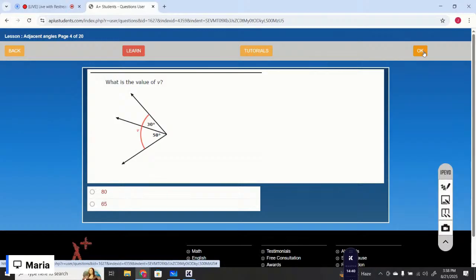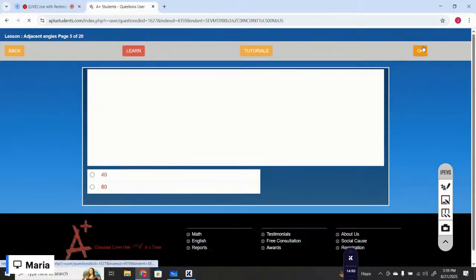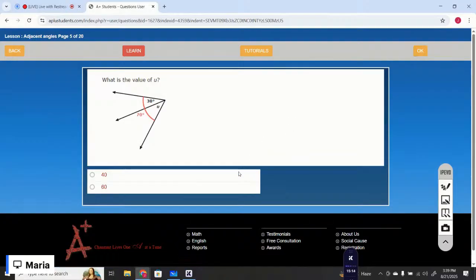Option number one is the correct option. What is the value of U? That is 40 degrees. Option number one is the correct option.